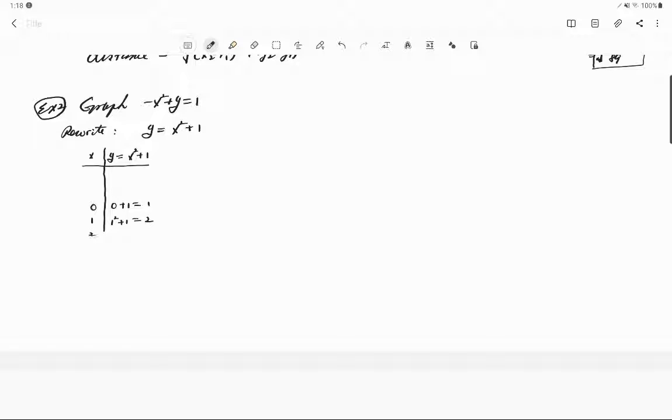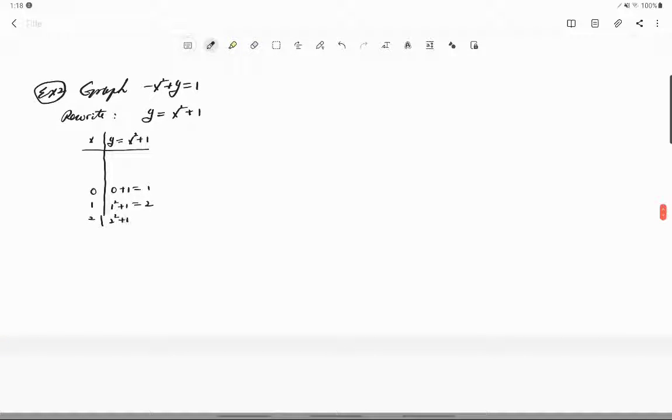If x equals 2, then 2 squared plus 1 is 5. And then let's make some negative x values. So negative 1, then negative 1 squared plus 1 is 2. If x is negative 2, then negative 2 squared plus 1 is 5.